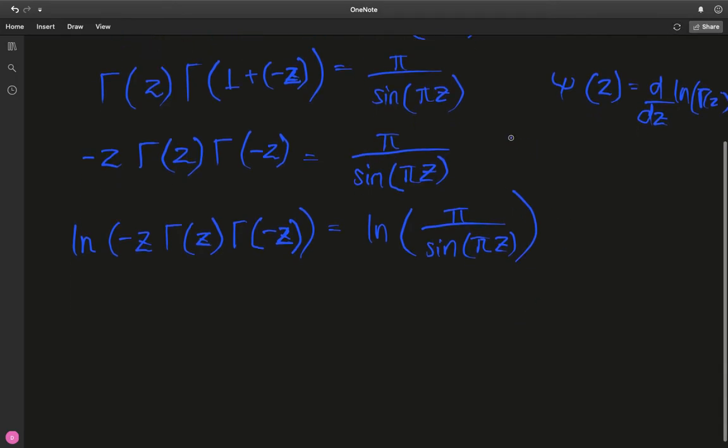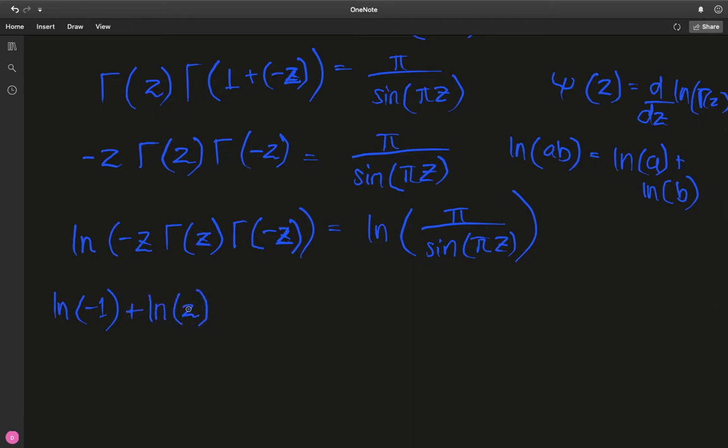So now we know this fabulous property of logs of any base, not just natural logs. If you have log of a times b, this can be decomposed as log of a plus the log of b. So let's do that over here. We have therefore the natural log of negative 1 plus the natural log of z plus the natural log of gamma of z plus the natural log of the gamma of negative z.